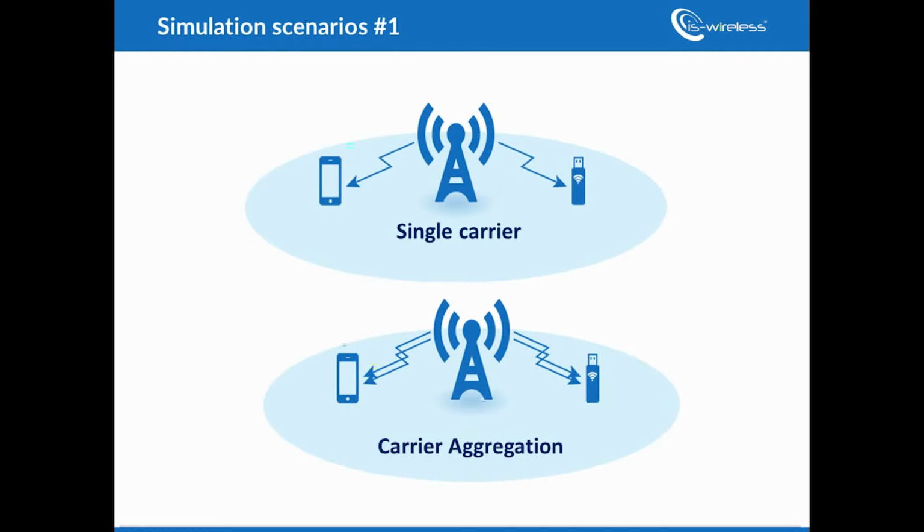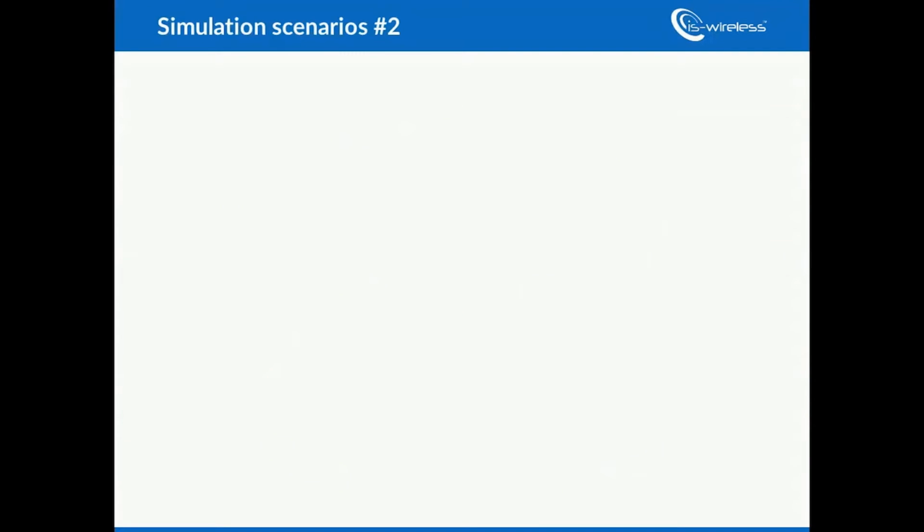Release 10 introduced aggregation of two carriers in specific bands. Our tool gives you more freedom than that. It allows you to aggregate up to 5 component carriers and extend bandwidth to 100 MHz in any bands. This way, you can preview how network might look like in future releases.